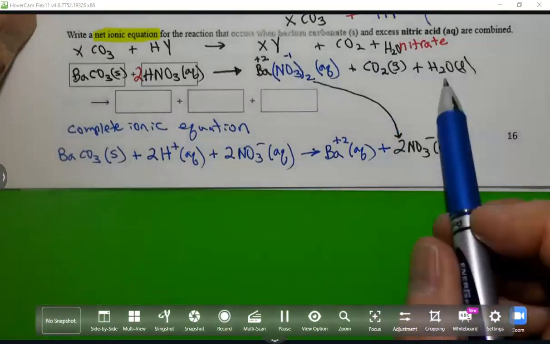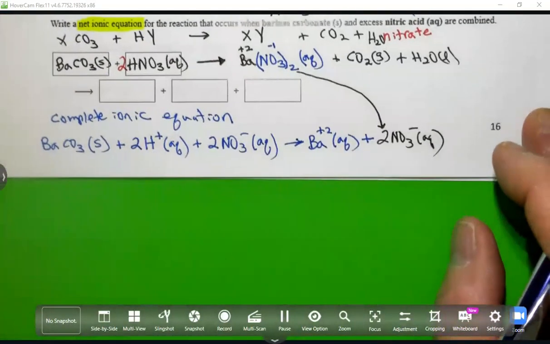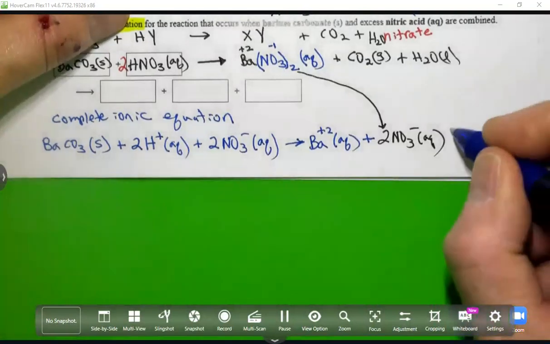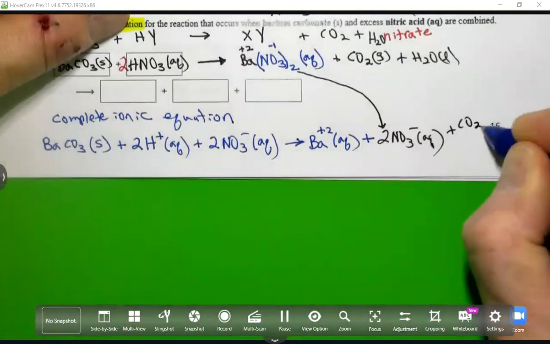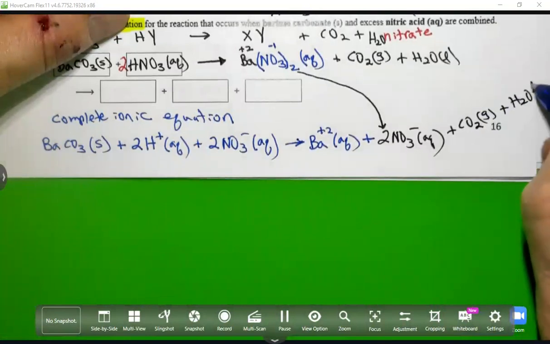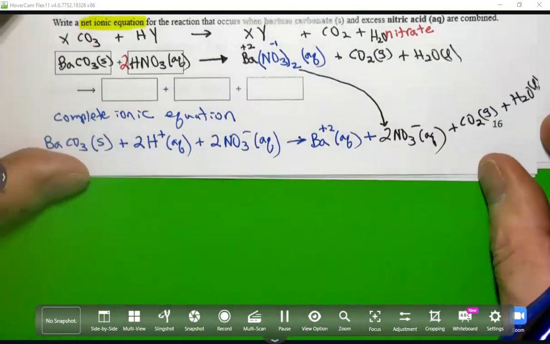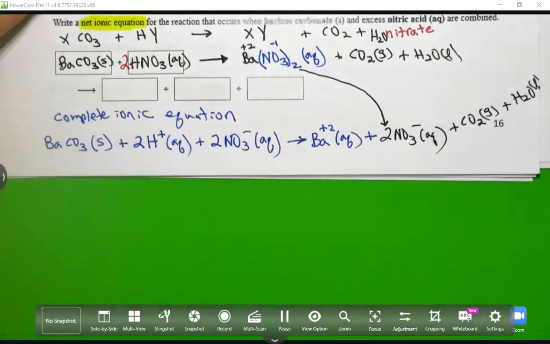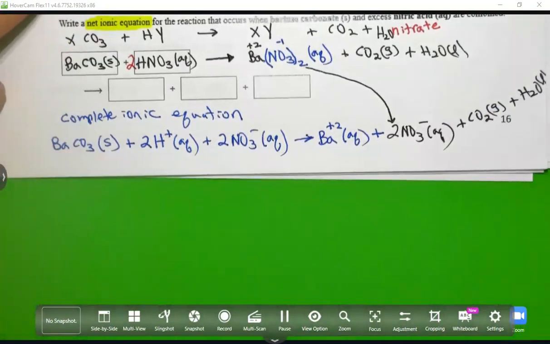These are not ions, so they stay together. So we're going to have plus CO2 gas and plus H2O liquid. All right, let's look for some spectator ions.